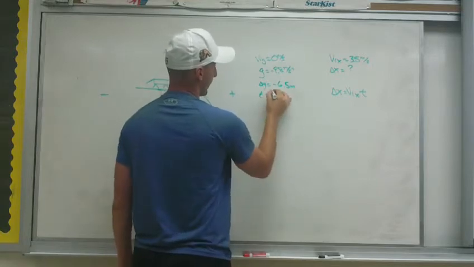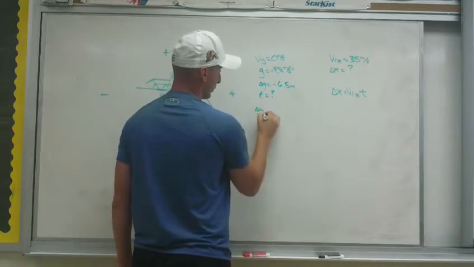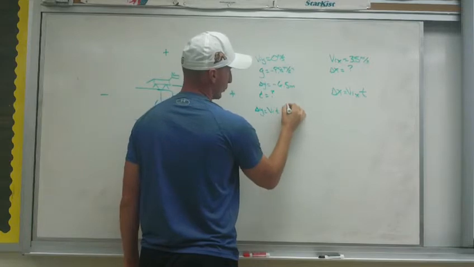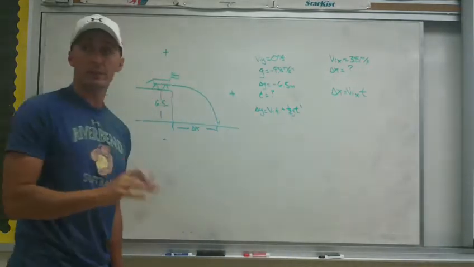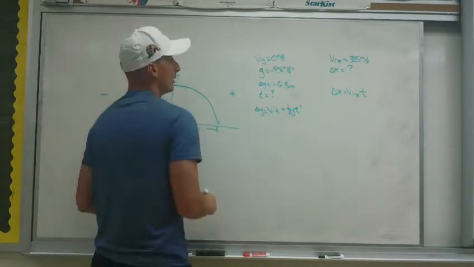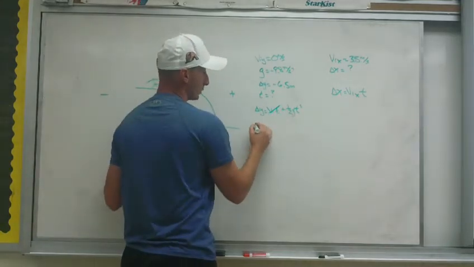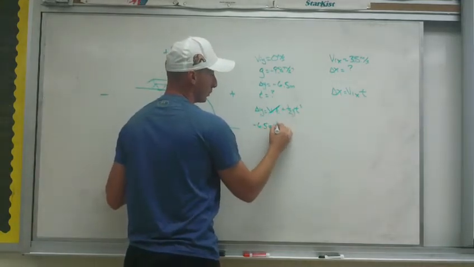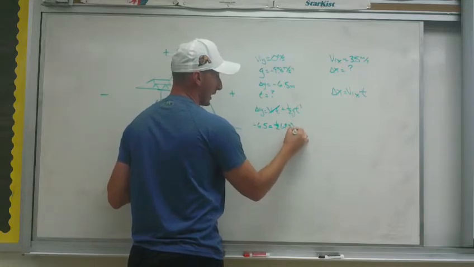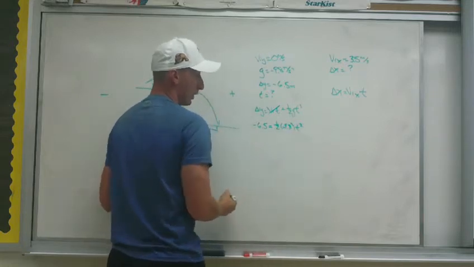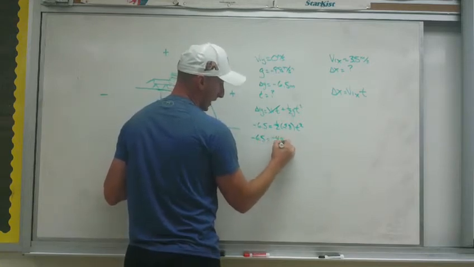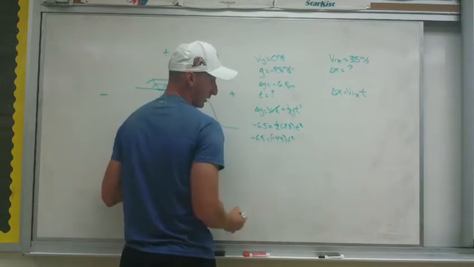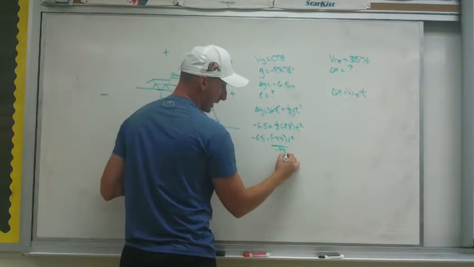I want to find time. I'll use this one: delta y equals Viy t plus 1/2 g t squared. Again, this becomes a regular one-dimensional kinematics equation. Viy is 0, goes away. Delta y, negative 6.5, equals 1/2 g, negative 9.8, t squared. Solving for t, I get negative 6.5 equals negative 4.9 t squared. Divide by negative 4.9.